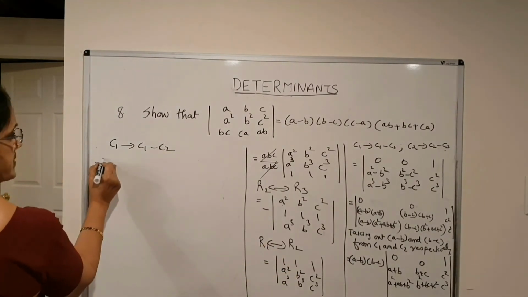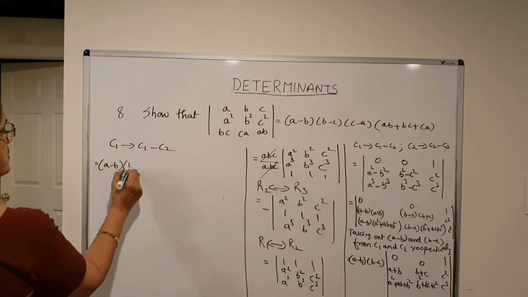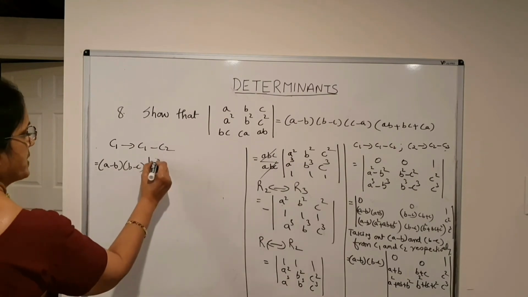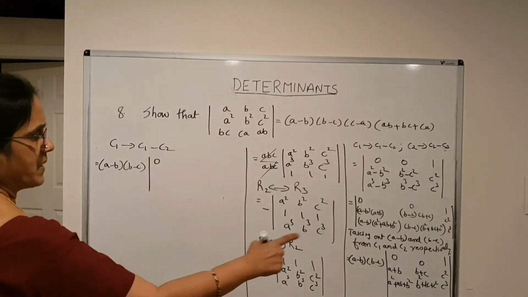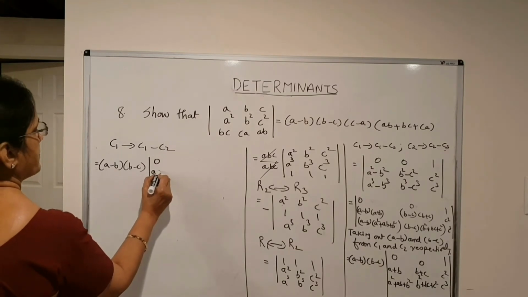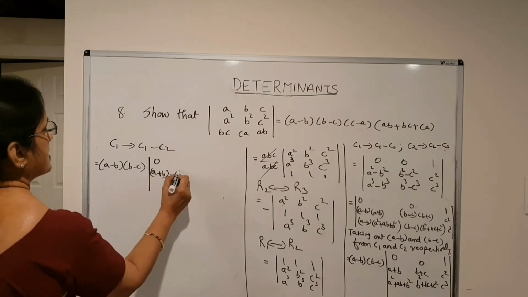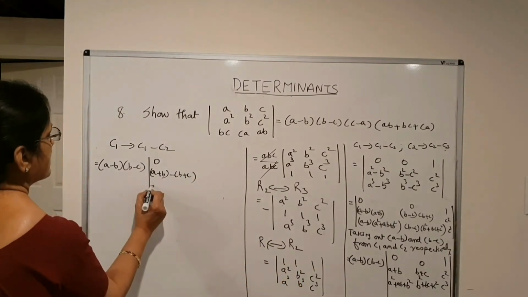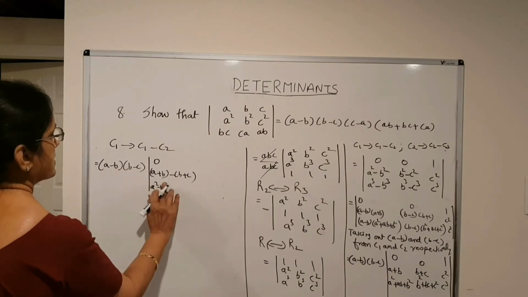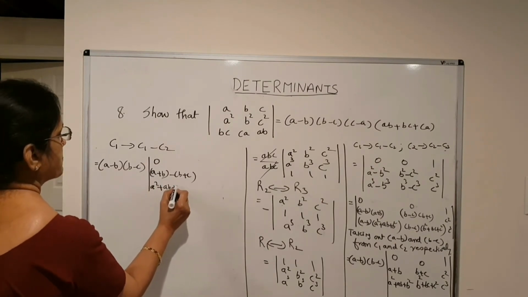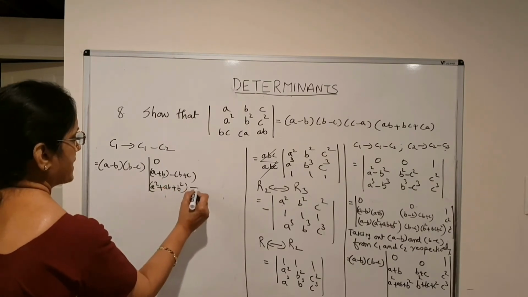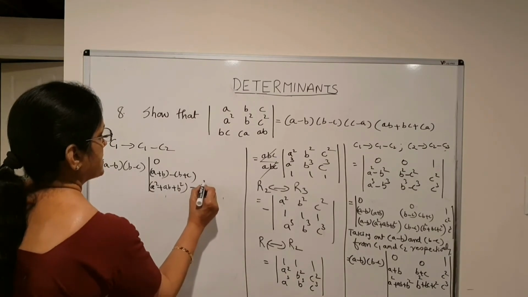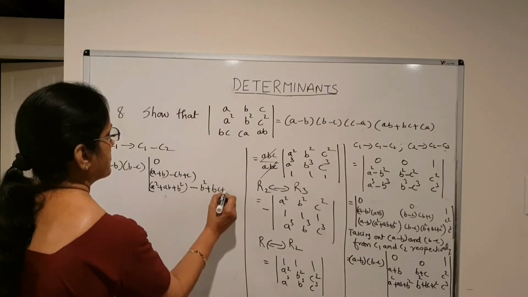This will become A minus B into B minus C. The determinant 0 minus 0 is going to be 0. A plus B minus of B plus C. Third entry will be A square plus AB plus B square minus B square plus BC plus C square.